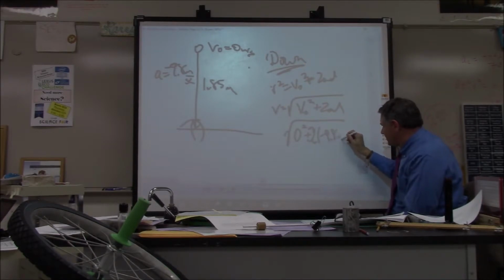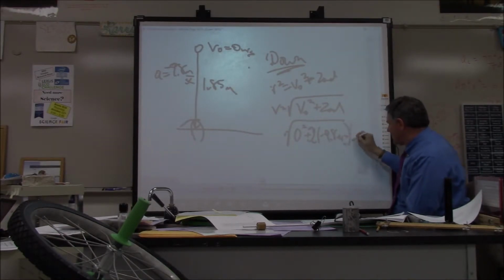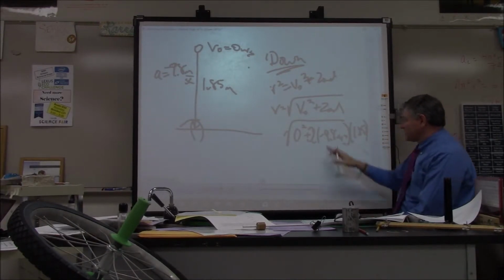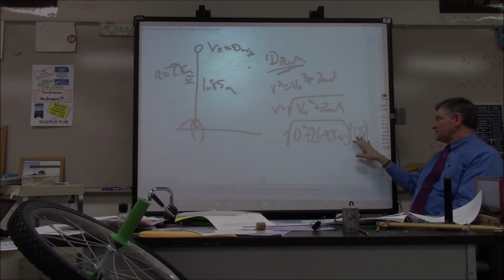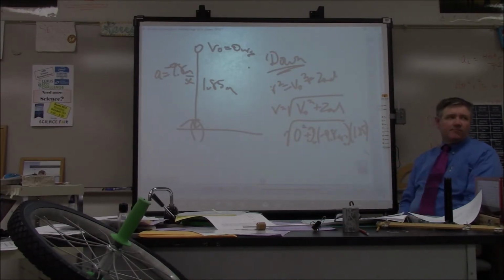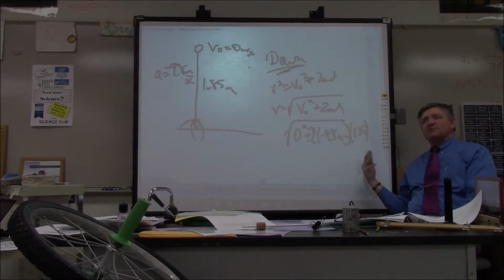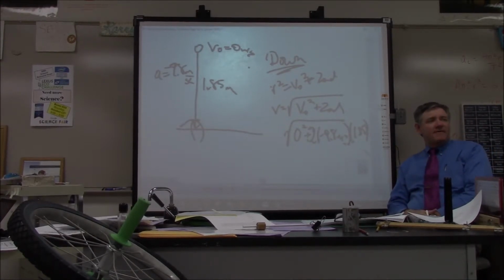Negative 9.8 meters per second squared times 1.85 meters. So I've got my acceleration, negative 9.8 meters per second squared, times 1.85 meters, and I got 0 squared. So why is this going to be a train wreck? You have a negative number under the radical.